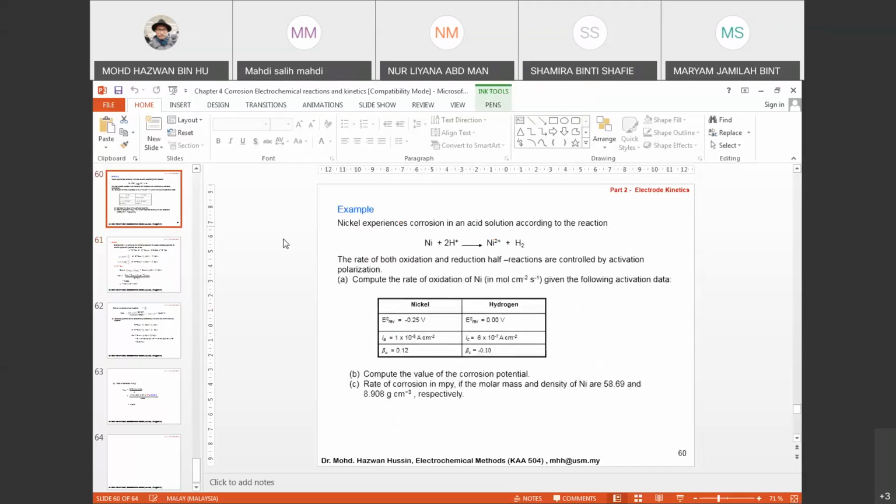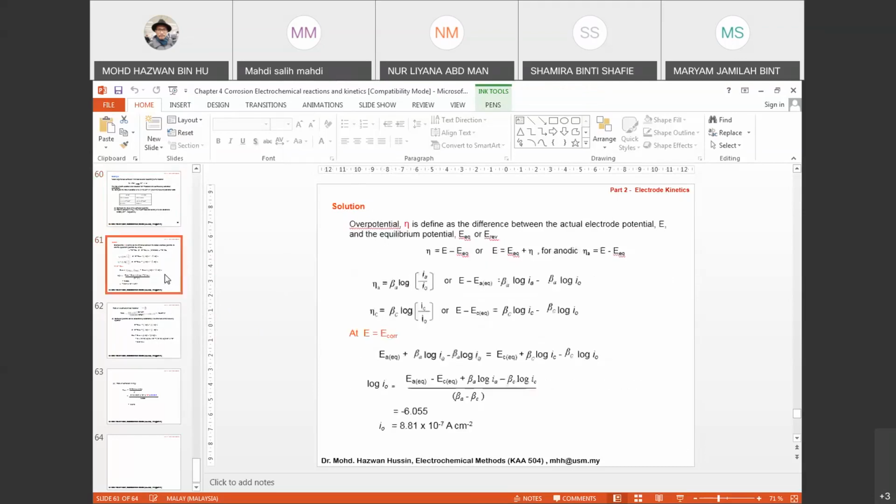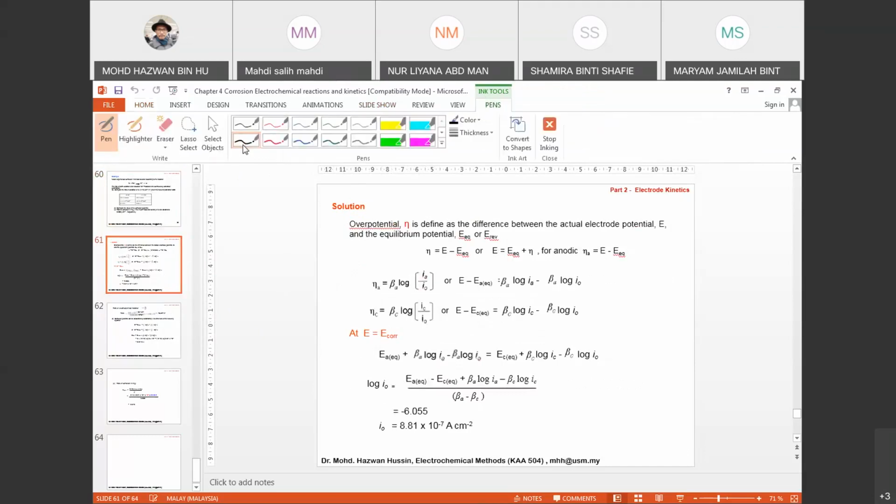Okay. So the information provided over here, I should jot it down. Can someone help me read the value?